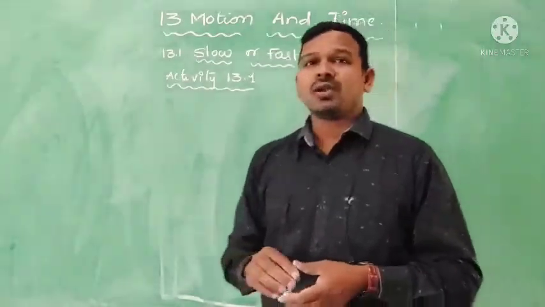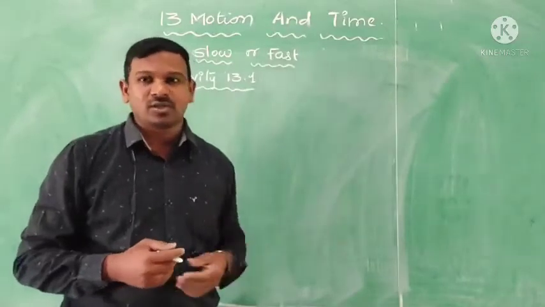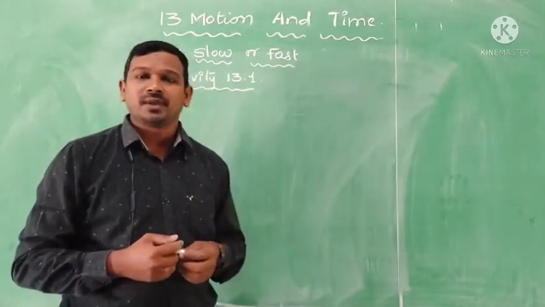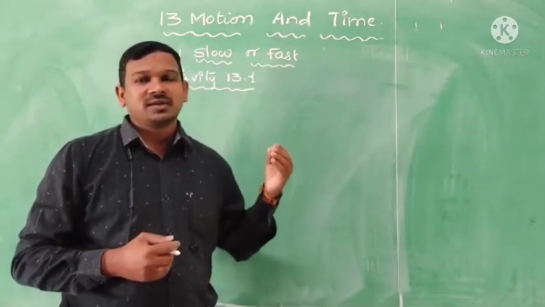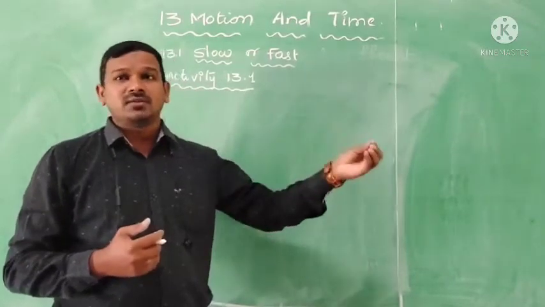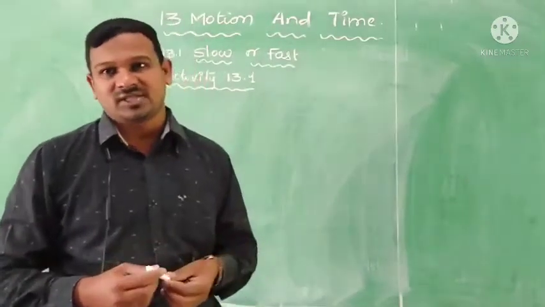So slow or fast can also be compared with the help of a reference point. If two persons are going in the same direction, the person who covers the distance in a less interval of time, in a less span of time, that body, the first one reaching the destination, is going very fast.